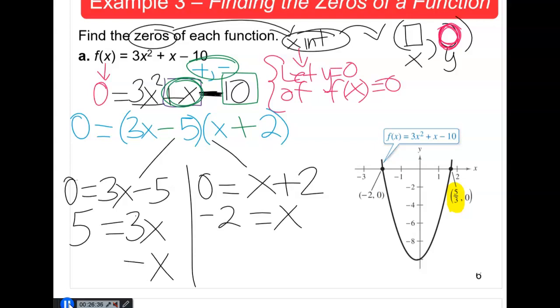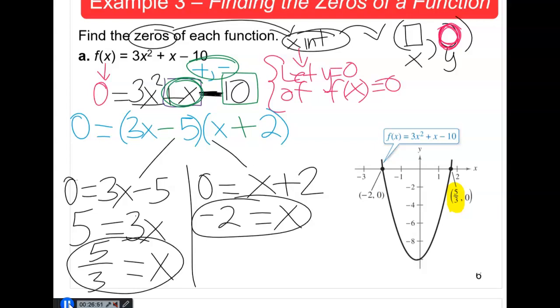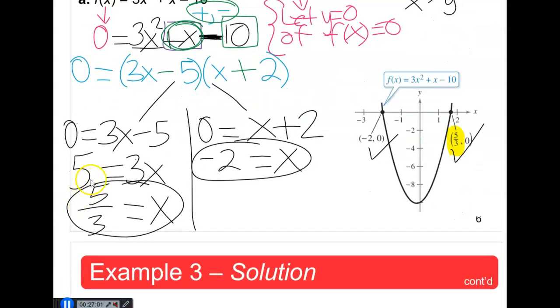And then x will be equal to 5 over 3. Yes, and those are the zeros. And if you see, they match the graph that I had left there. So that is a way to find the zeros.